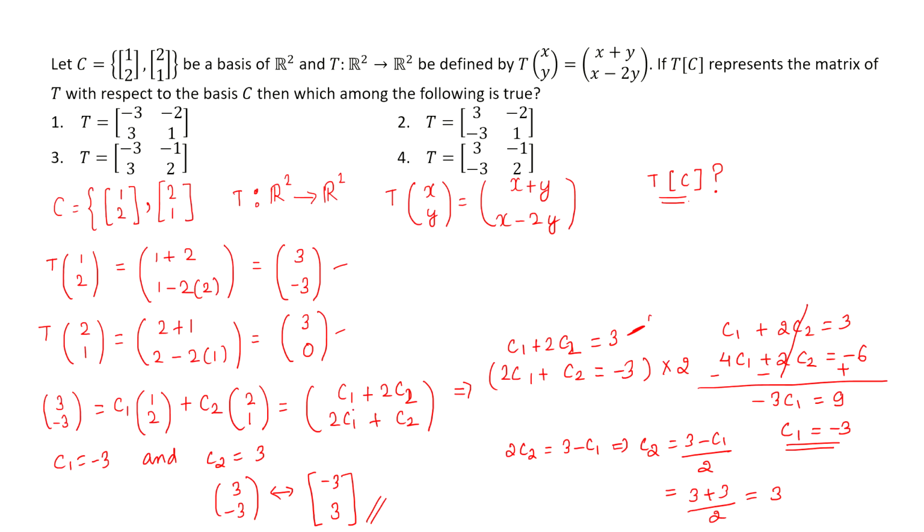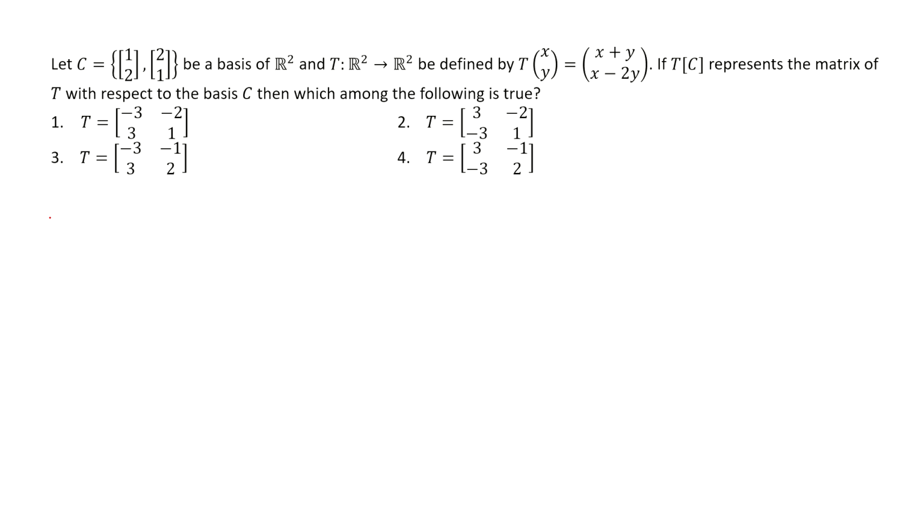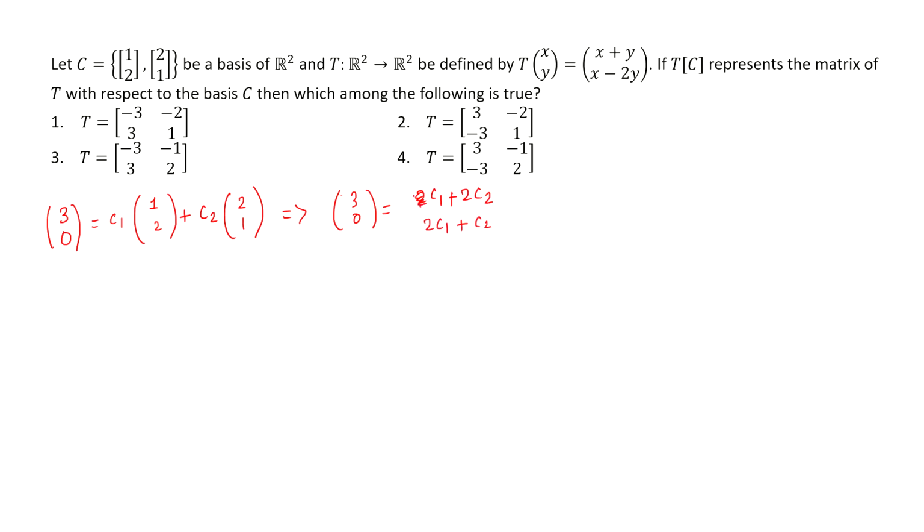Similarly, we will find the coordinate representation of the image of (2,1), that is (3,0), with respect to the vectors in C. For that, let C1 and C2 be two scalars such that (3,0) = C1(1,2) + C2(2,1) = (C1+2C2, 2C1+C2).